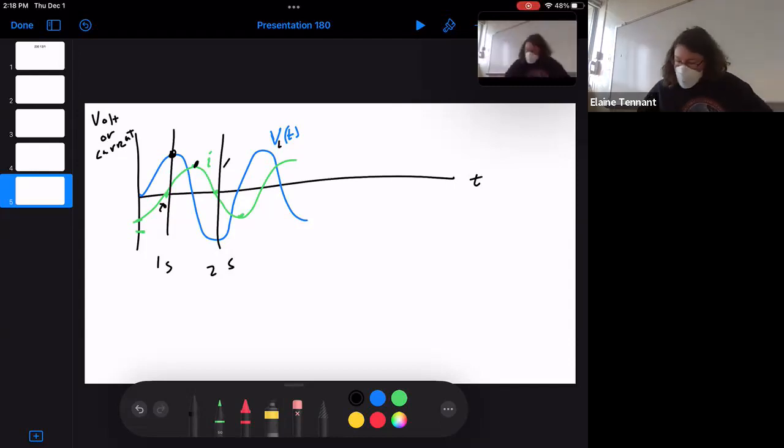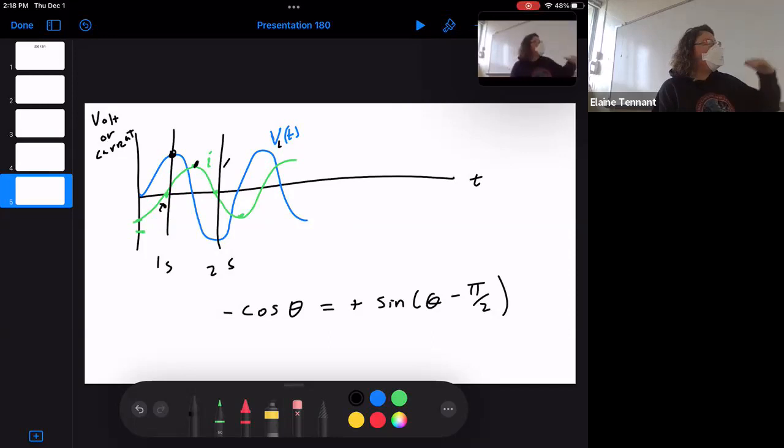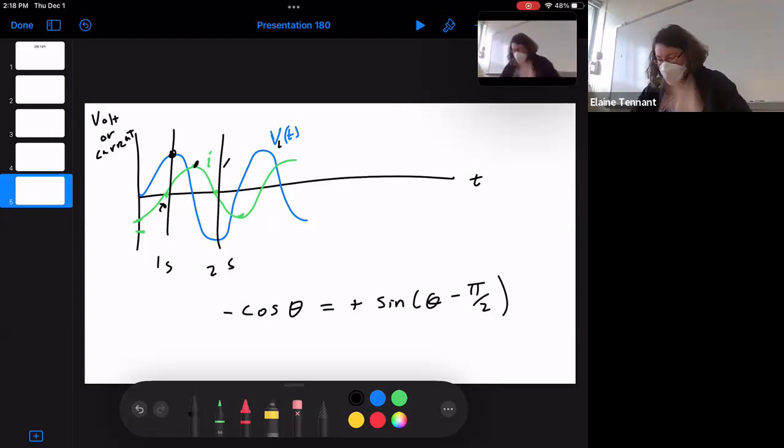You could also pop over to your trig identities and say, I know that a negative cosine is a positive sine of that angle minus pi by 2. So that negative cosine is pi by 2 behind my sine.